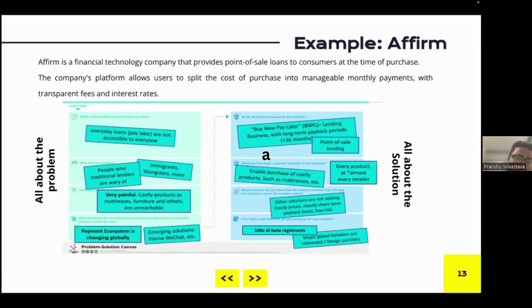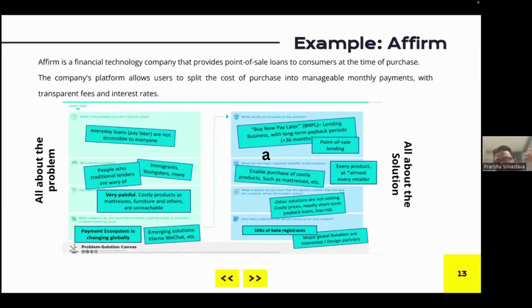So what would be the proposed solution? Keeping all these problem statements in mind, we thought we'd create a buy now pay later solution, a lending business, with long-term payback periods. Because if you are spending 2,000 rupees or maybe 30,000 or 50,000 rupees, I will give you a long payback period.